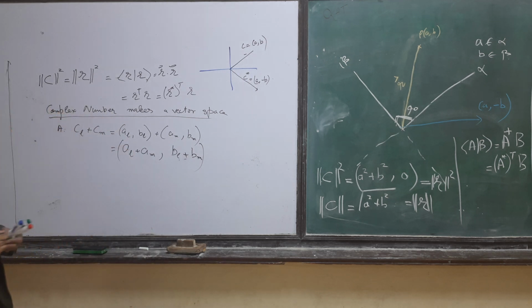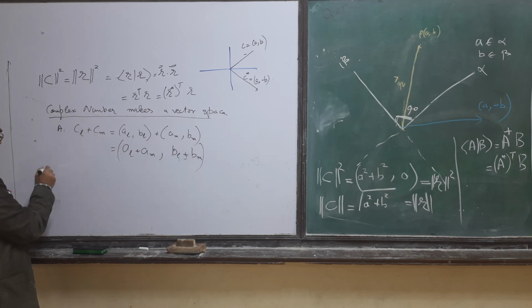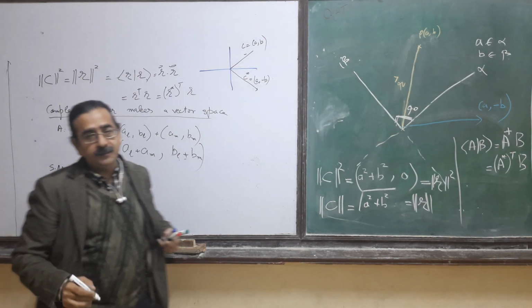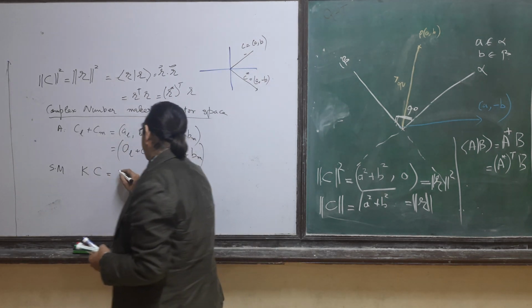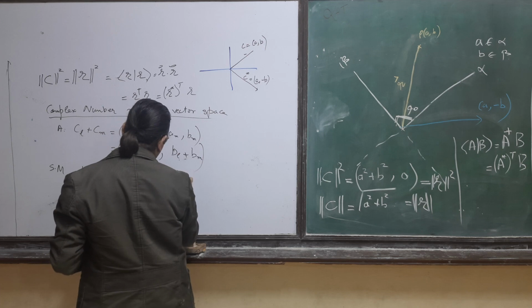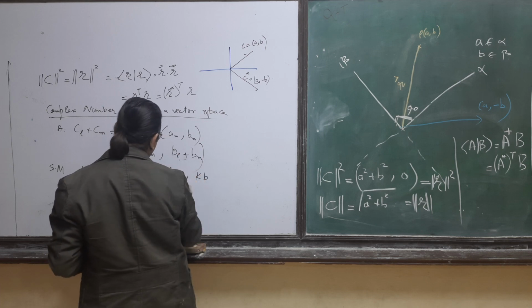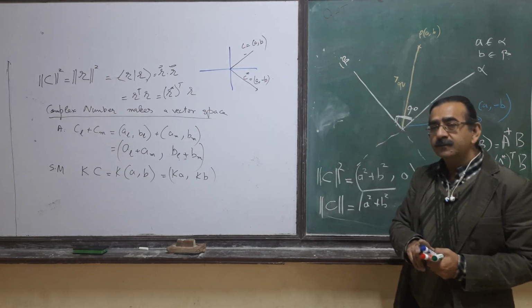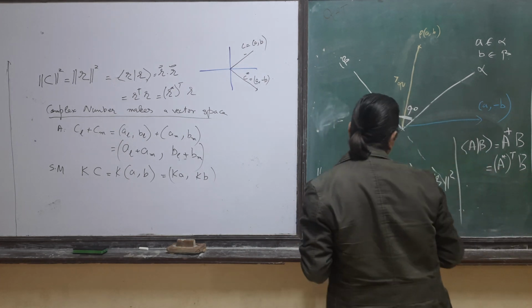This is the addition rule of complex numbers, as I have already explained. And for scalar multiplication, when you multiply k with any complex number, it will be ka and kb. It multiplies with both parts of the ordered pair.